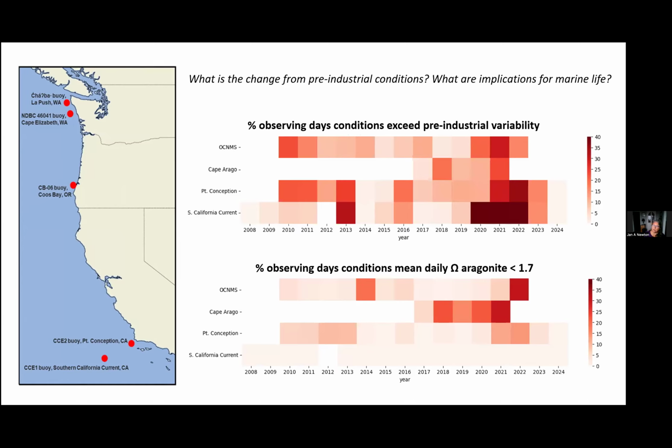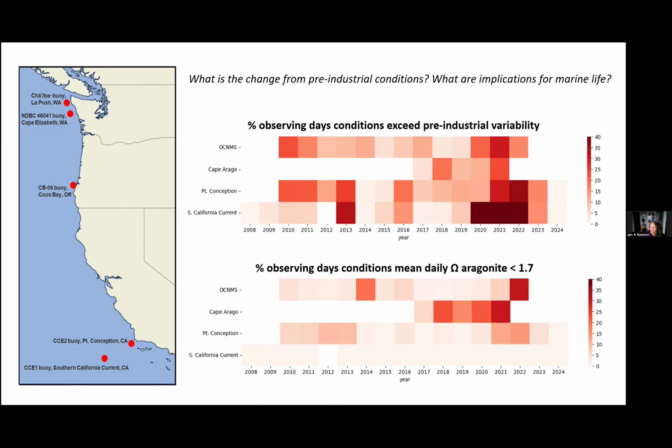Then when you change your question to, well, maybe my organism doesn't really care about pre-industrial versus not. Maybe they just really have this threshold. And we used, instead of 1, 1.7 since these are surface values only. And then you see that the percent of days that conditions were less than 1.7 omega aragonite is much less in Southern California.